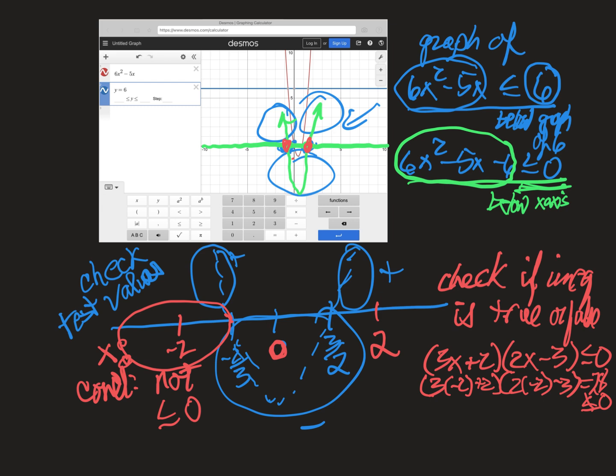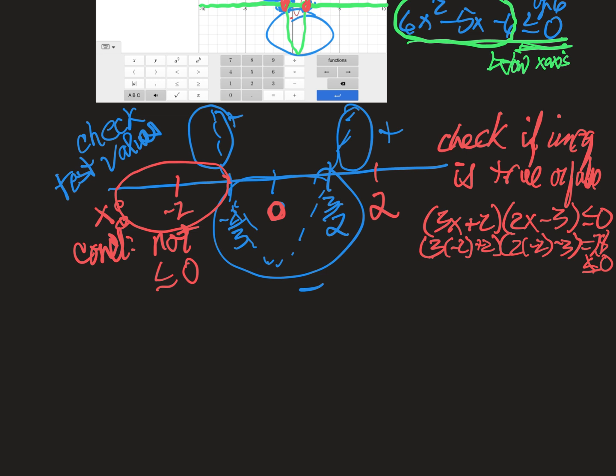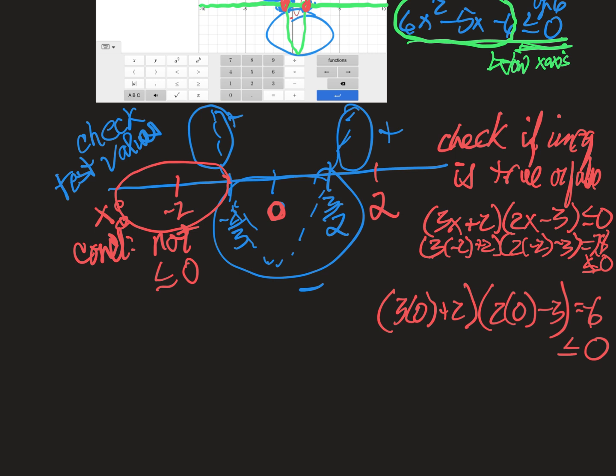Okay? So now we check 0. So 3 times 0 plus 2 times 2 times 0 minus 3. That is 2 times -3, which is equal to -6, which is less than or equal to 0. So it matches our inequality.